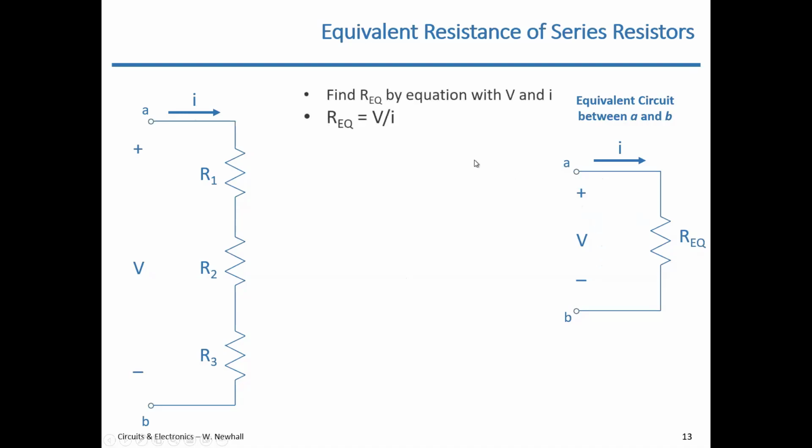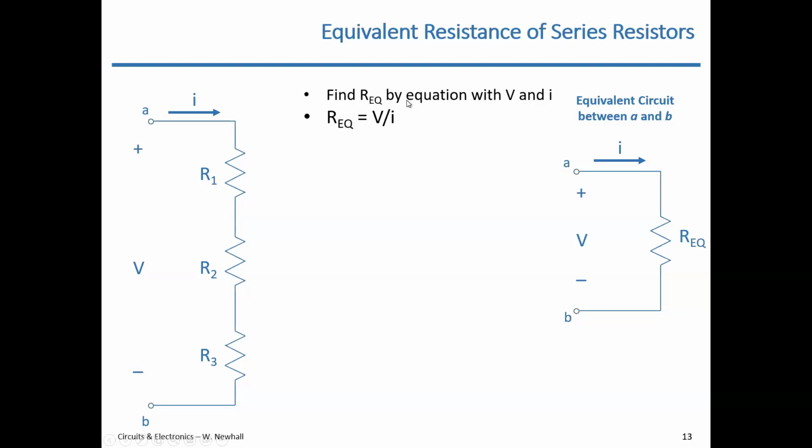Remember how to do this, I touched on this on the last slide. You're going to calculate the equivalent resistance by the relationship between V and I. So Req equals V divided by I.